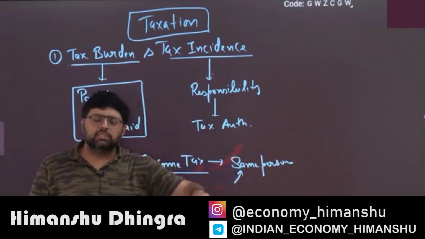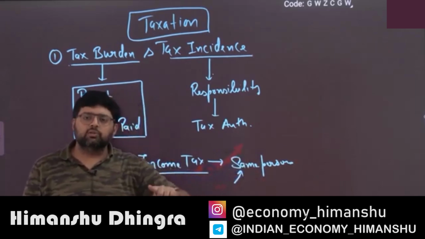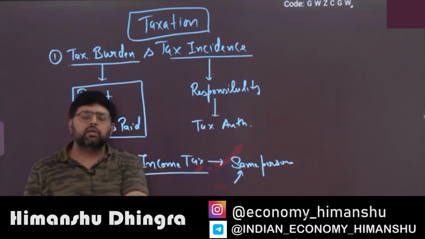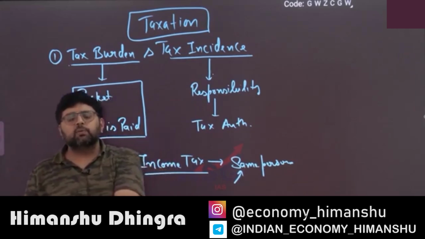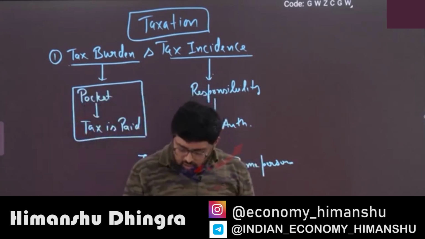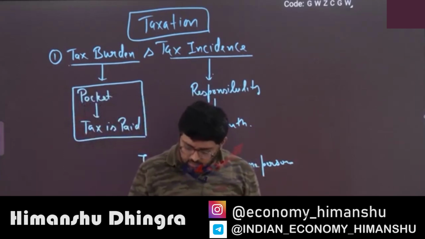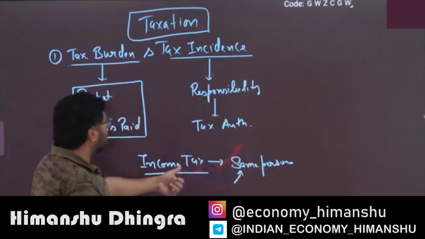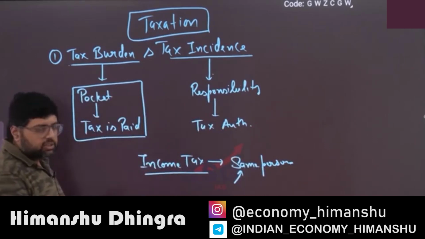Whereas when it comes to GST, you join KSG, so tax is paid by you, but whatever GST you have paid to the KSG, KSG takes the responsibility that it will reach the concerned authority. So that is called tax incidence. So I hope this is clear to you.